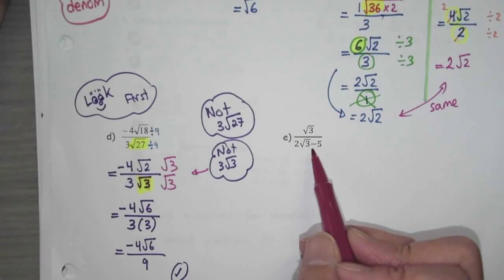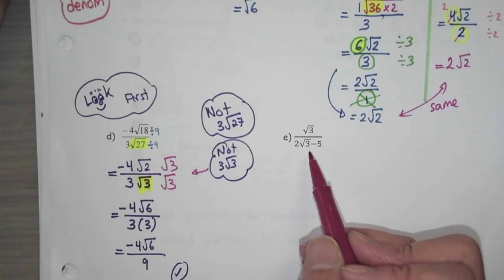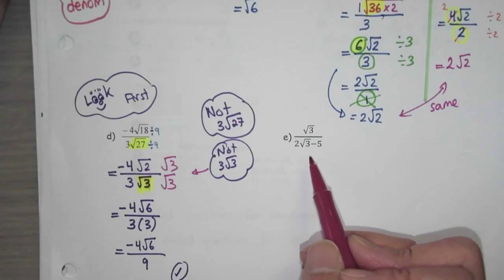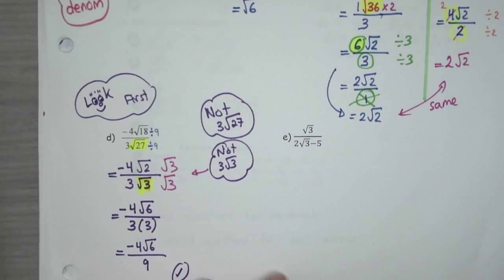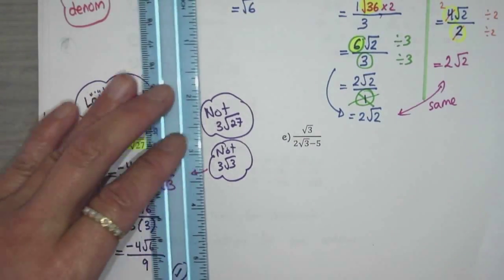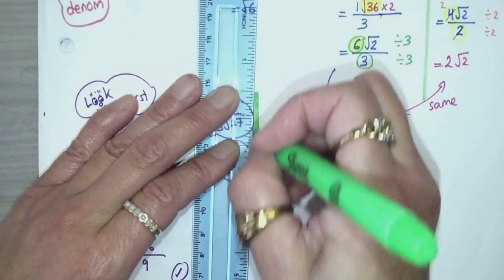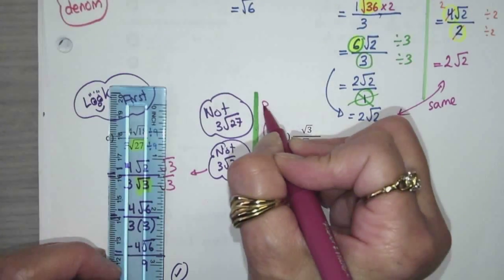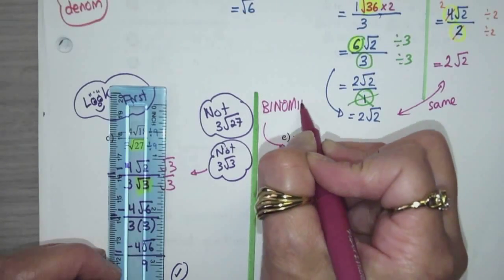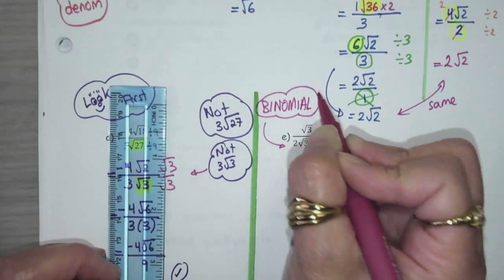There's 2 terms. Yes. Okay? So there's 2 terms here, so it's a binomial. So this one here is different. I'm just going to put a line here because it's a binomial. Okay, so this one's different because this is a binomial.